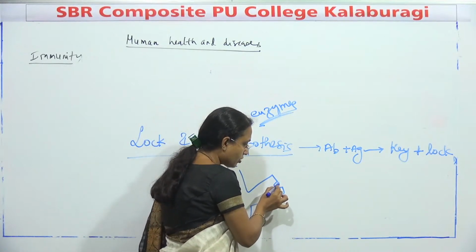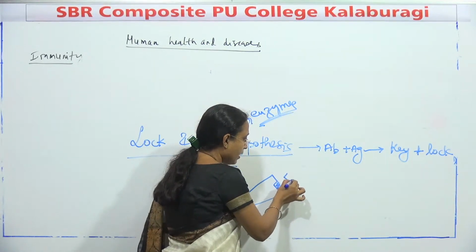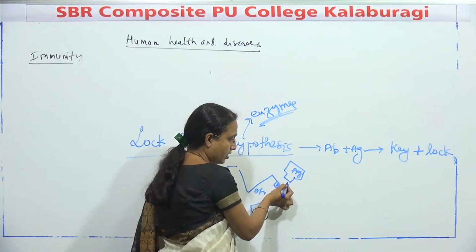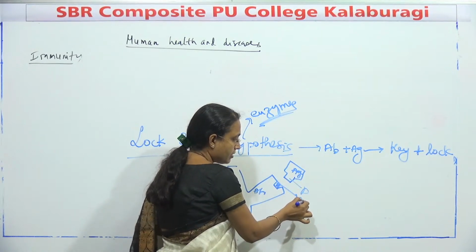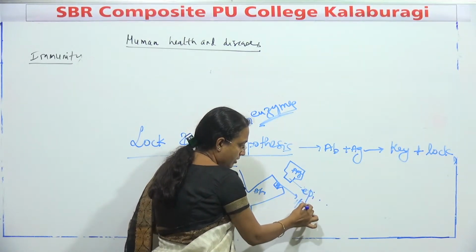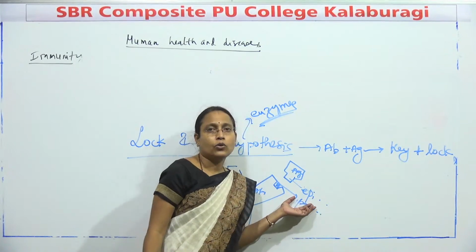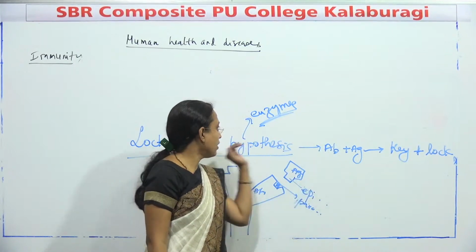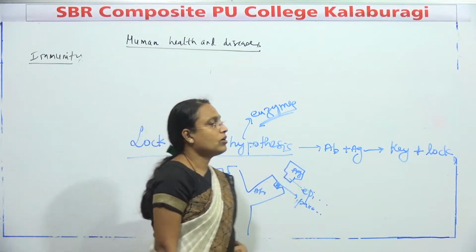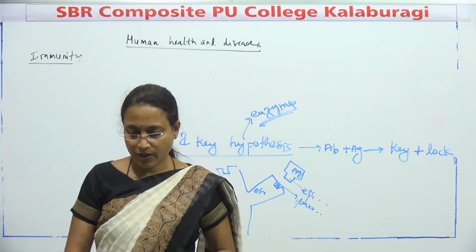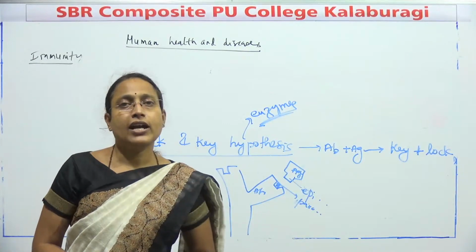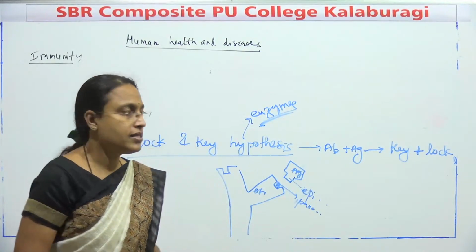If this is the structure of the antigen binding site, then the opposite will be the structure of the antigen here. So this will be the epitope and this is the paratope. They bind in a similar way to how a key binds to a lock. That is what is explained in the lock and key hypothesis. The same can even be applied to the interaction between an enzyme and substrate.